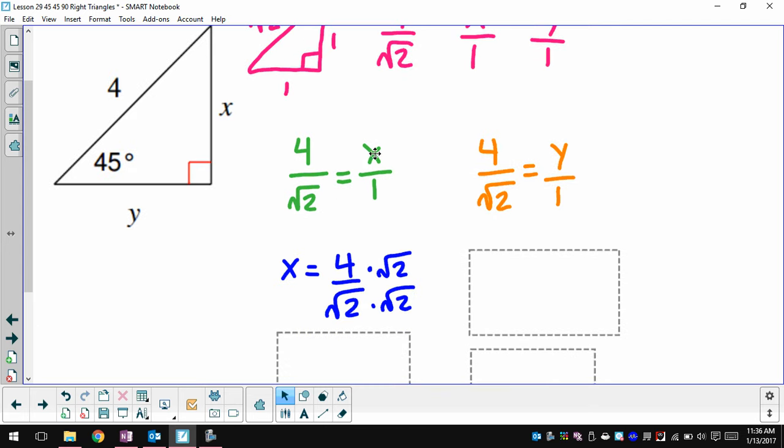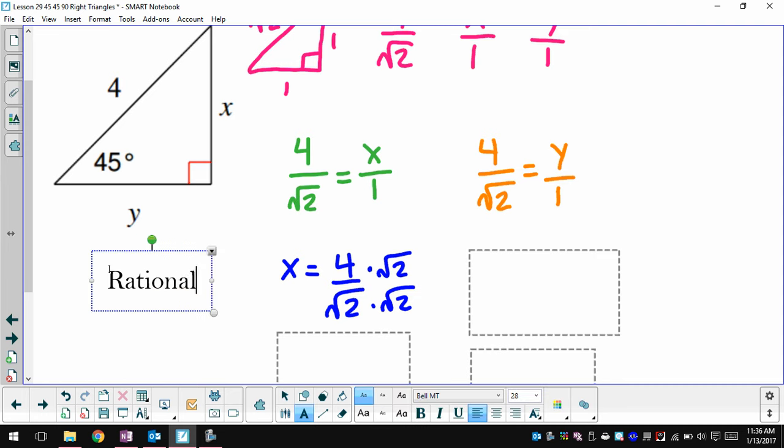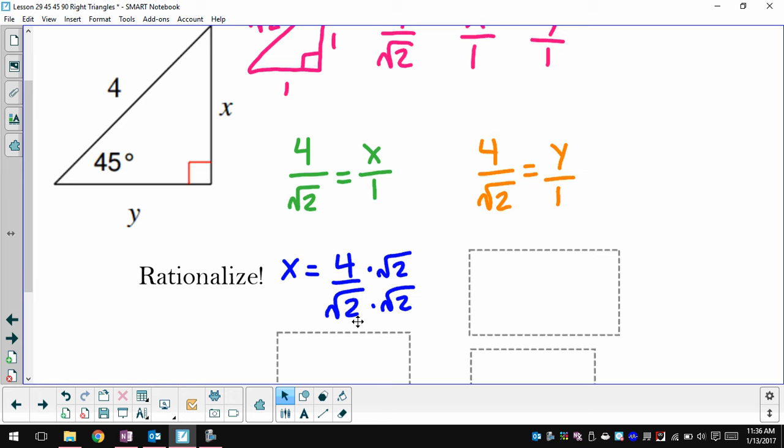So we're going to get that x is equal to 4 over root 2, because since x is over 1, we can just call it x. We don't like square roots in denominators, so we have to do what's called rationalizing. We have to rationalize this fraction. So we do that just by multiplying the top of the fraction and the bottom of the fraction by the same square root that's down there.